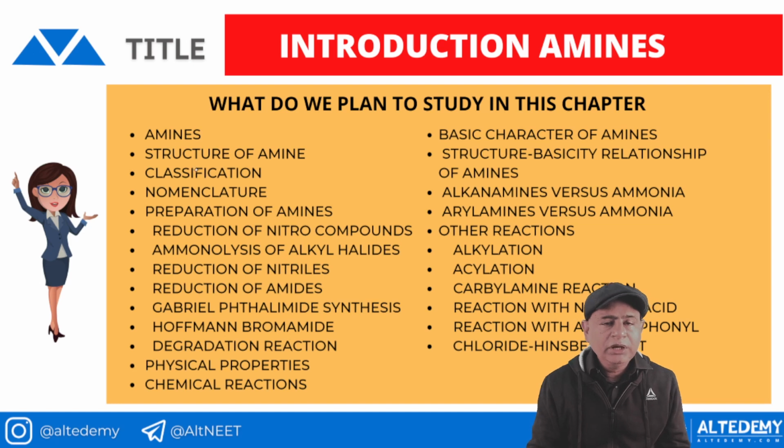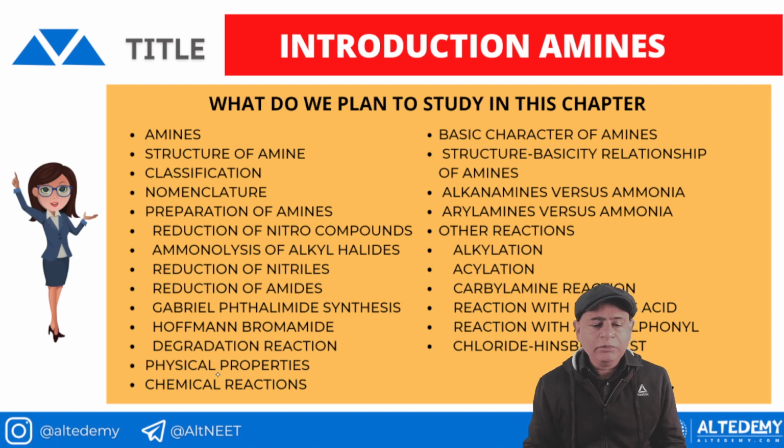We will talk about structure of amines, classification of amines, nomenclature of amines, and various methods of preparation of amines, which include the reduction of nitro compounds, ammonolysis of alkyl halides, reduction of nitriles, reduction of amides, Gabriel phthalimide synthesis, and Hoffmann bromamide degradation reaction.